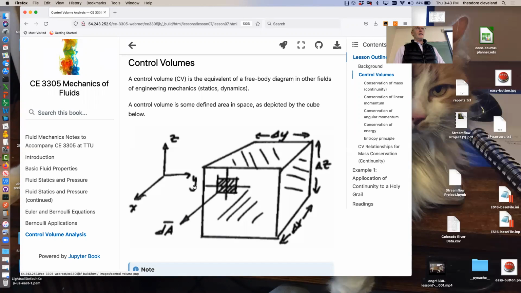A cube is orientable, which means it has the concept of inside and outside. If we look at a small area on any one of the faces, we can associate a normal vector with that area, and we can stipulate that the magnitude of that normal vector is equal to the area, and it points outwards from the cube.